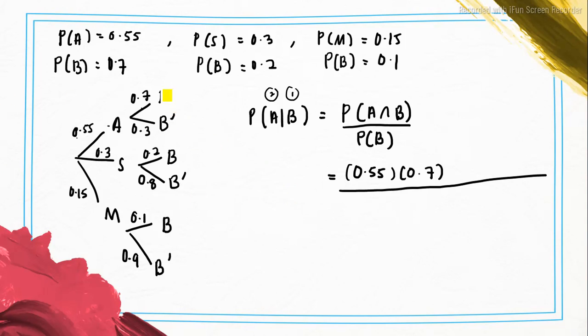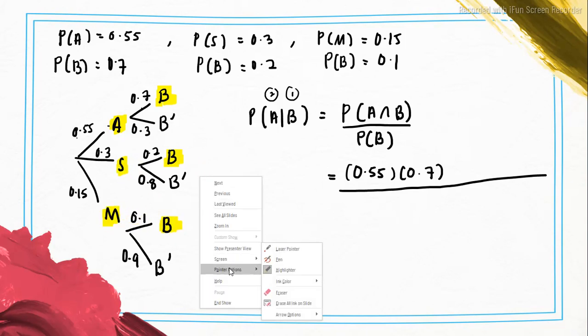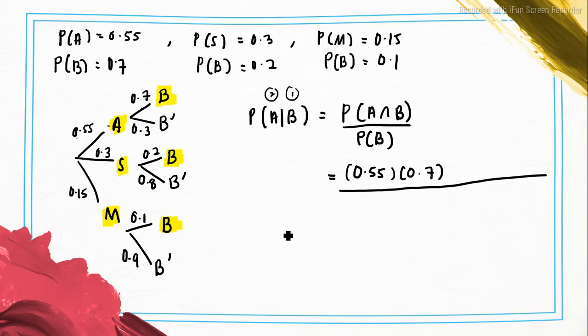Okey, tapi untuk P B, kamu boleh tengok kat sini berapa banyak B yang kita ada. Berapa banyak B yang kita ada? Kita ada 1, kita ada 2, kita ada 3. So, bila kita ada 3, it means ada 3 case yang kita kena tambahkan. First case adalah Aisyah A dengan B. Yang kedua adalah S dengan B. Dan yang ketiga adalah M dengan B. So, kita kena tambahkan semua sekali.